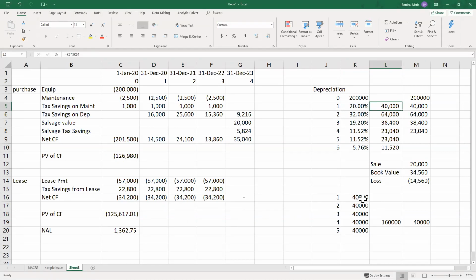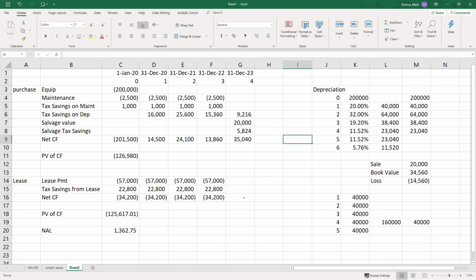But if this was done with straight line, you would have done it the same way. The tax savings from depreciation would have just been 40% of 40,000 every year, right? Going forward. So it would have been 16 all the way across. That would be the only difference.